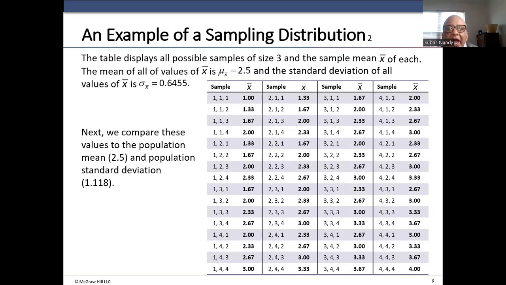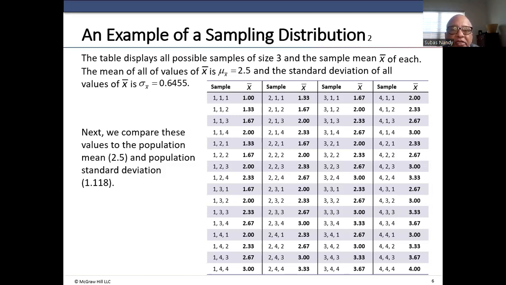If you add all these sample means and divide by the number of samples, which is, let's count, 4 times 16, so 64 possible samples.